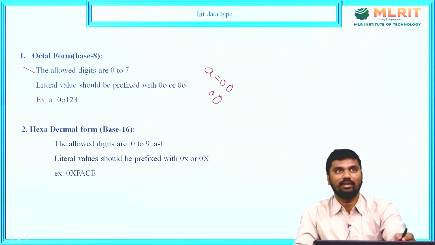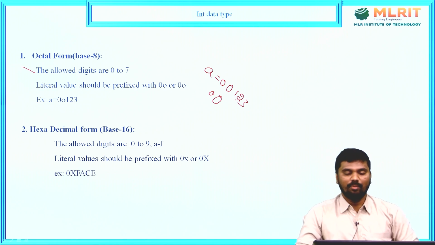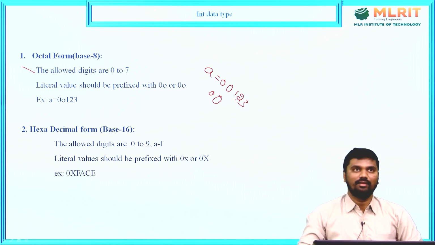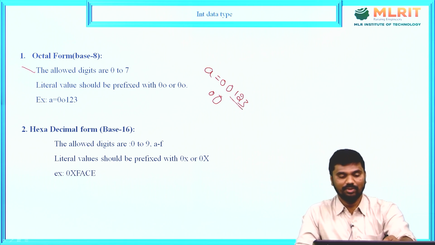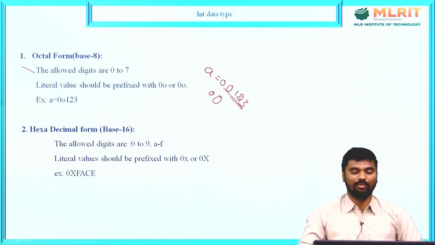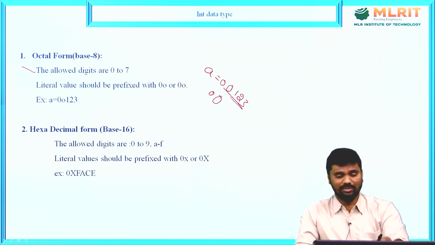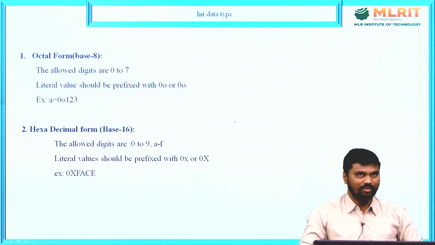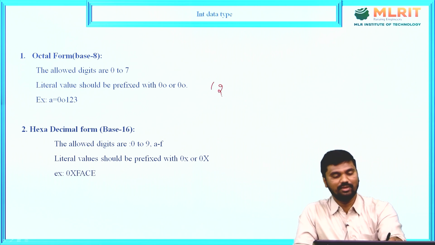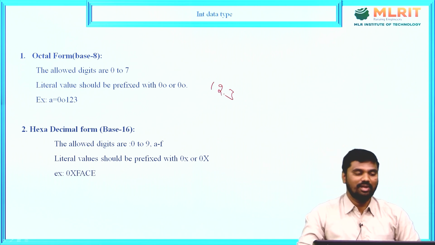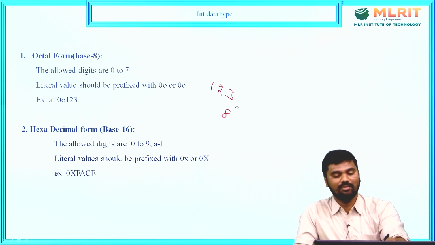For example, here 123 is there. What is the 123 value in decimal form? Because the Python interpreter gives output in decimal form only. So how can we calculate? The number is 123. How can we convert this value into decimal form? The base value is 8, so 8 power 0, 8 power 1 and 8 power 2.